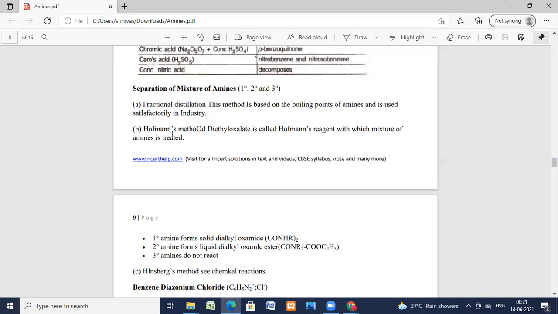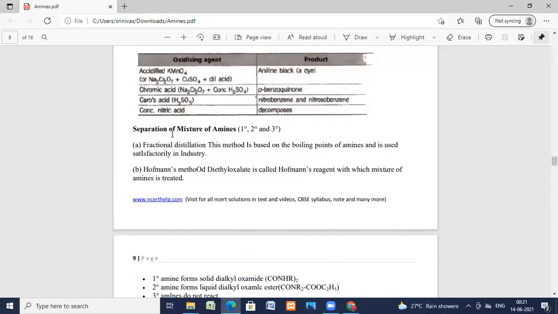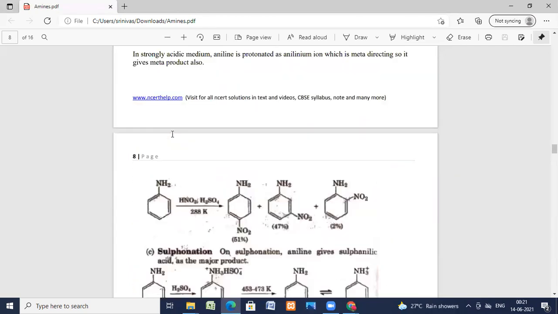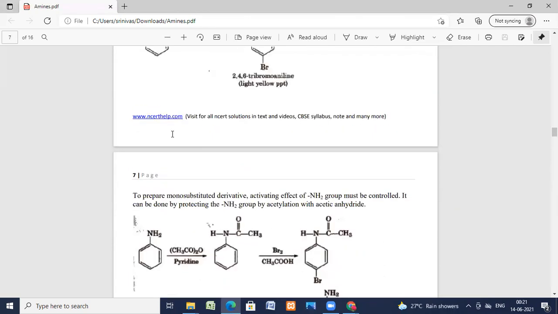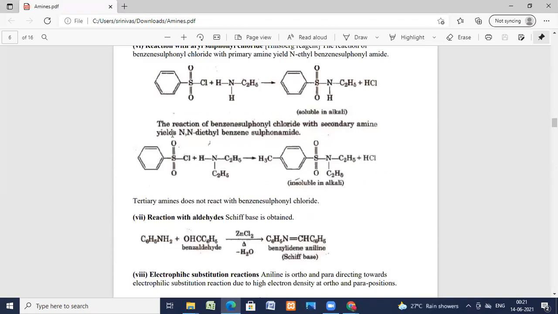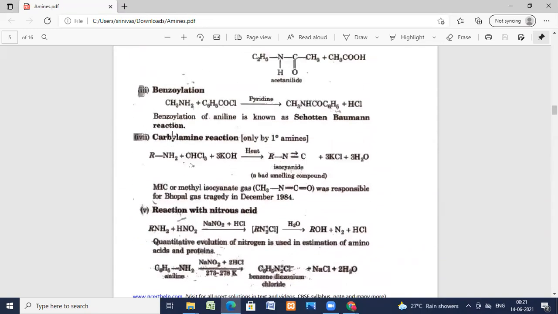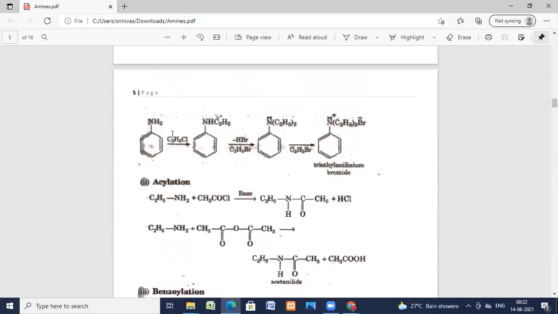Next class, I'm going to tell you about benzene diazonium chloride. In the previous class I explained the nomenclature and preparations. Today's class I'm explaining the properties of the amines.